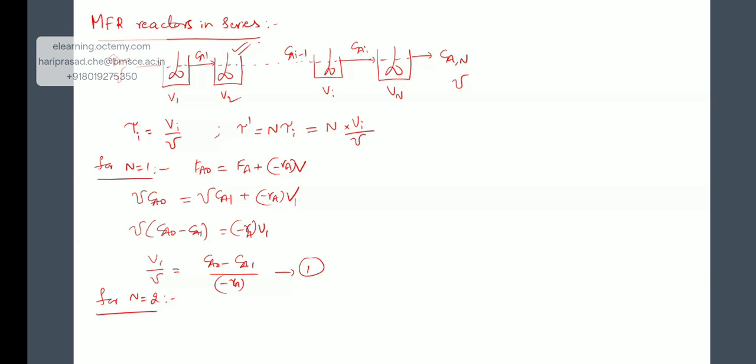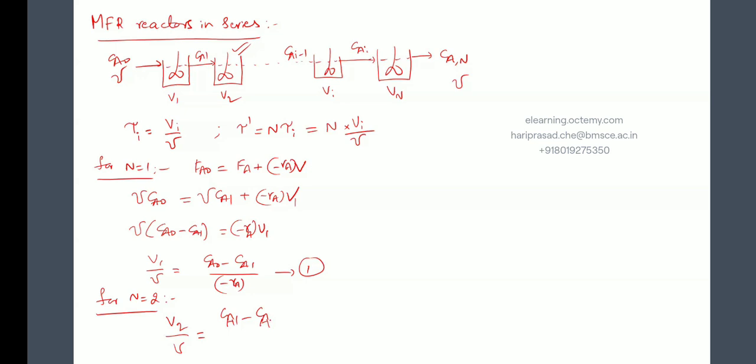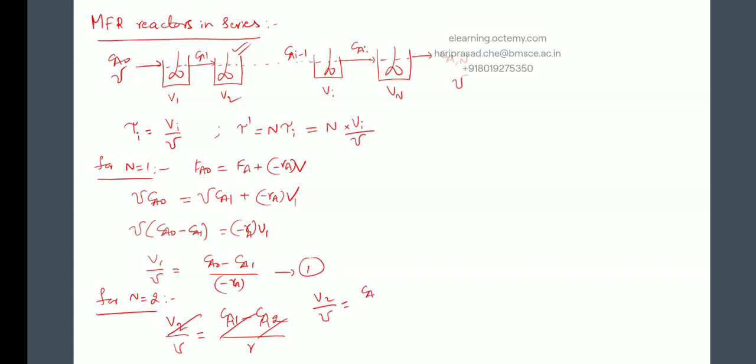After rearranging, the expression is V2 by volumetric flow rate equal to Ca1 minus Ca2 divided by minus Ra. After the second reactor there will be a third reactor also, so the outlet will be Ca2. That is for the second reactor.